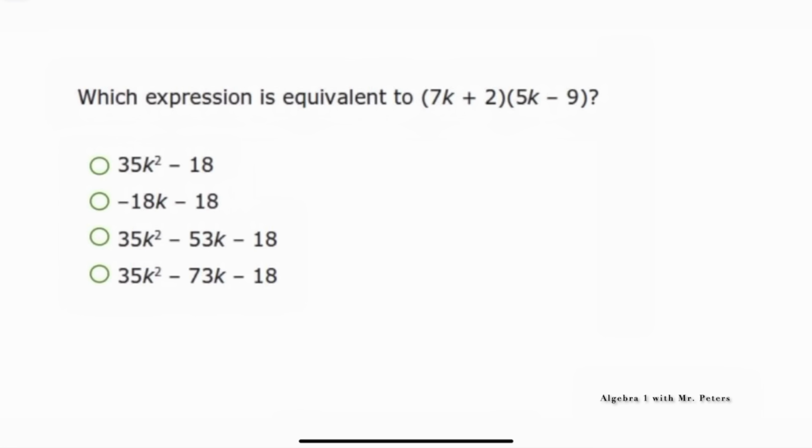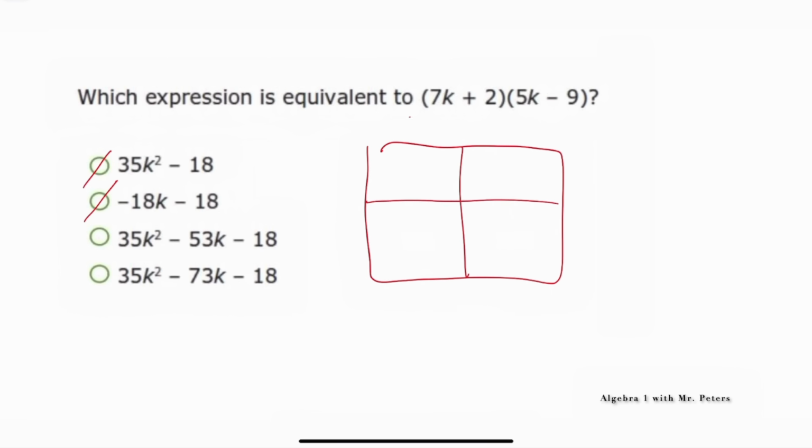So anytime you're multiplying two binomials, unless it's the difference of squares, our answer is going to be a trinomial. You have to know that, okay? And what we're going to do right now is I really like to use the box method with these type of problems. So we put 7k and 2 on the top, 5k and -9 on the bottom. We could put it the other way if we want to, but we have to keep what's in parentheses with each other.